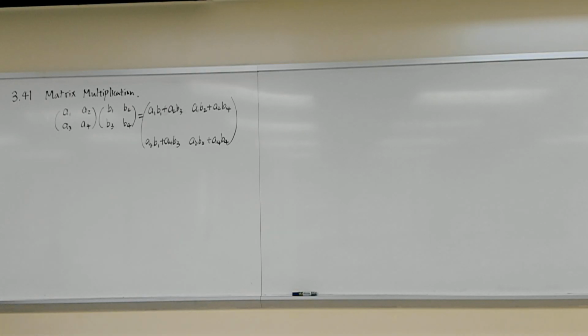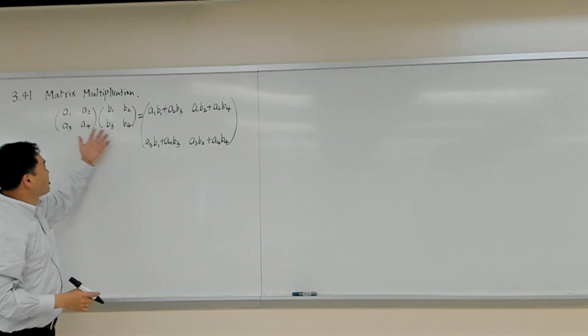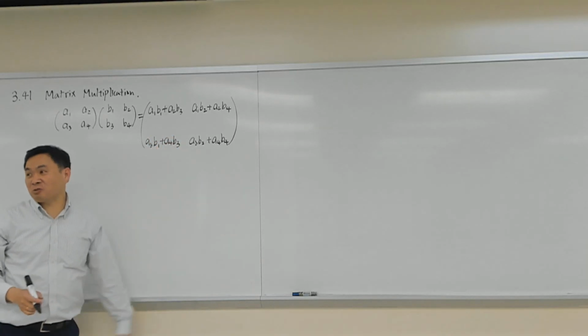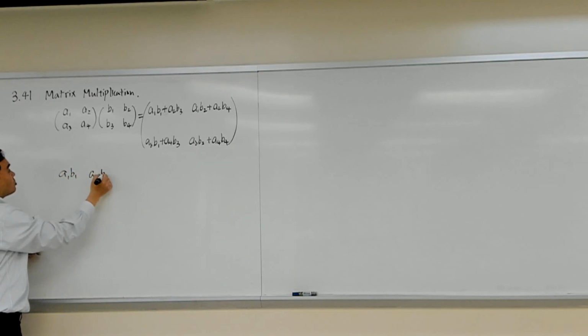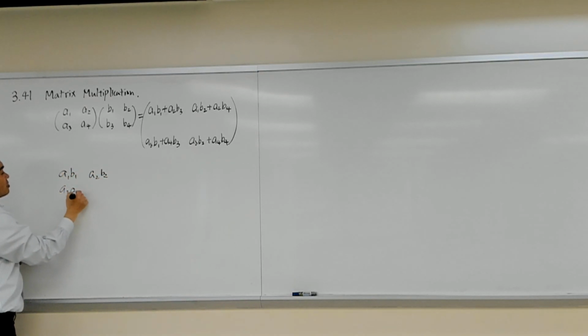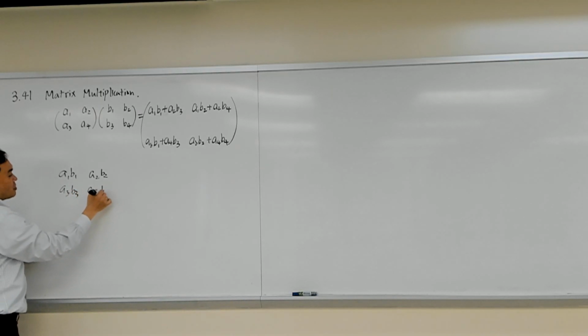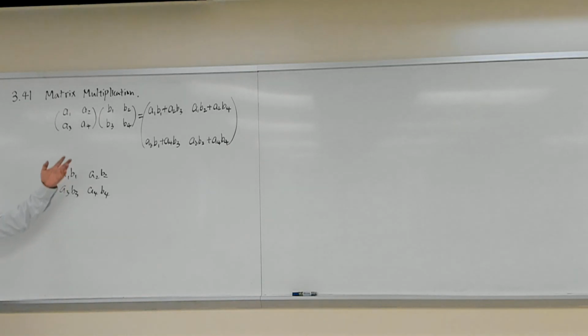However, why are we multiplying matrices in such a strange way? For example, we could define matrix multiplication as A1 B1, A2 B2, A3 B3, A4 B4. Why don't we multiply matrices like that? Have you ever thought about why matrices are multiplied that way?